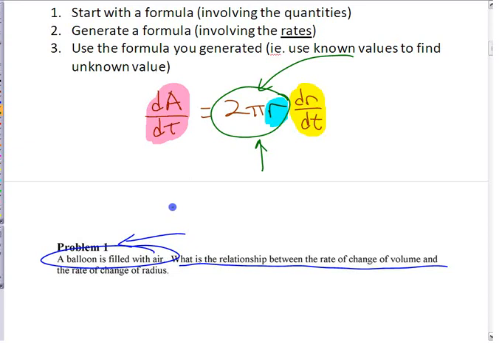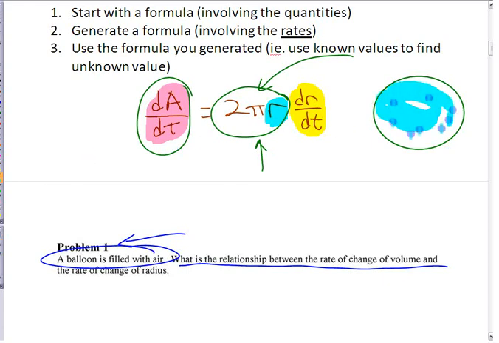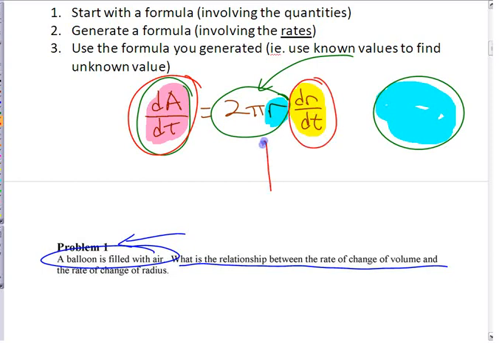You'll find that the rate of change of the area of a circle, the area inside a circle, is related through the circumference of the circle. 2 pi r is the circumference. So it says the rate of change of area is how fast the radius is changing times the circumference of the circle.